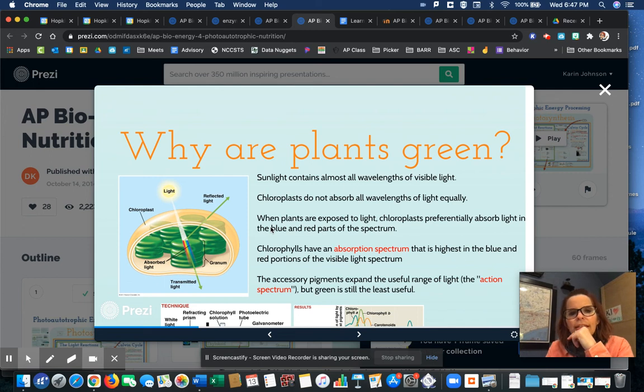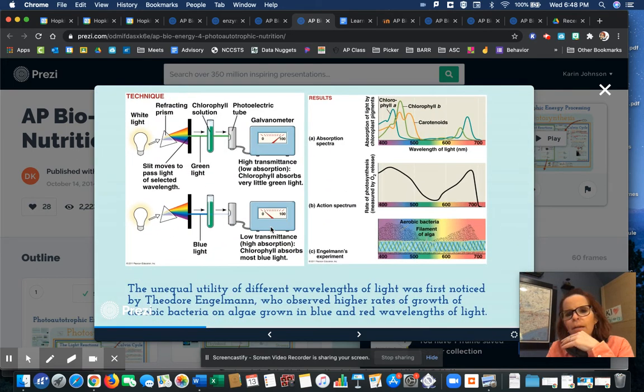All right, so sunlight contains almost all wavelengths of light. So why do plants look green? I'm guessing most of you remember this, but I think it's really important. I can almost guarantee you that these images are going to be on a test, if not my test, then some other test. These are called absorption spectra. The higher it is, the more it absorbs that particular wavelength of light.